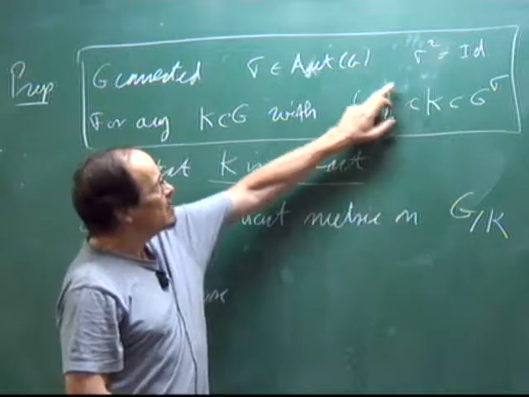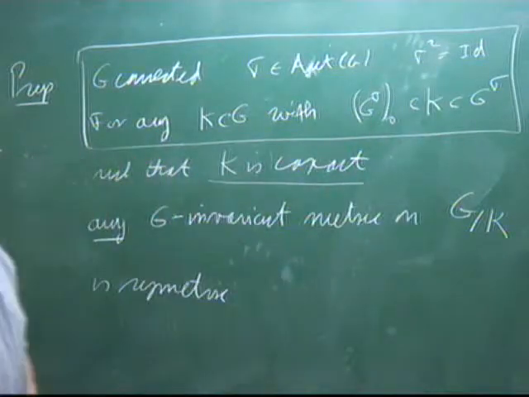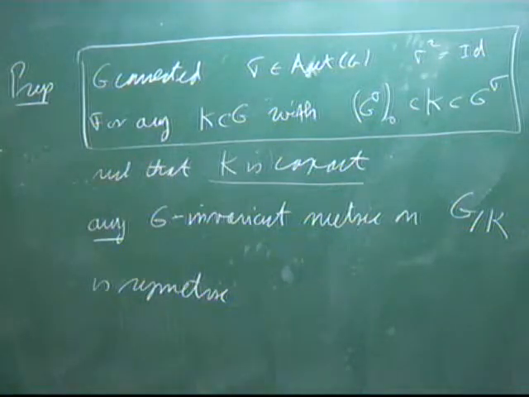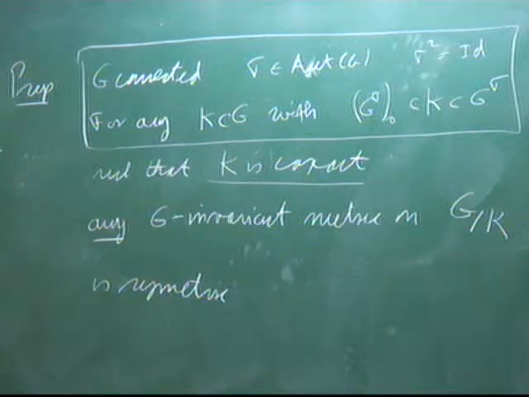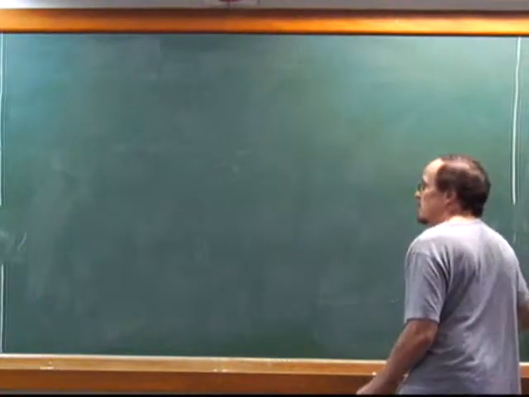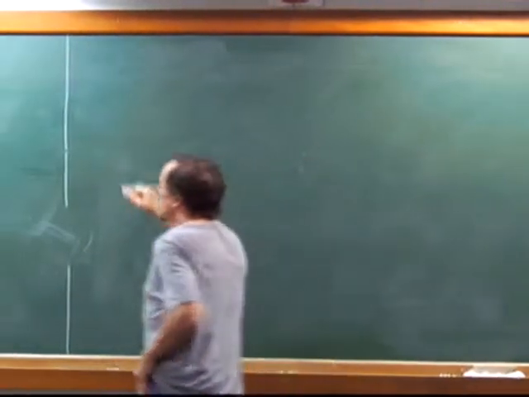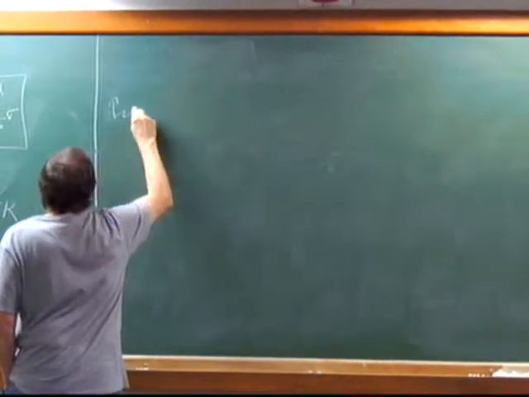Okay. So I can't choose any involutive automorphism. It's a little bit stronger property. But certainly now I have a kind of one-to-one correspondence between something geometric and something algebraic. So this now is completely algebraic. And the proof is very simple.